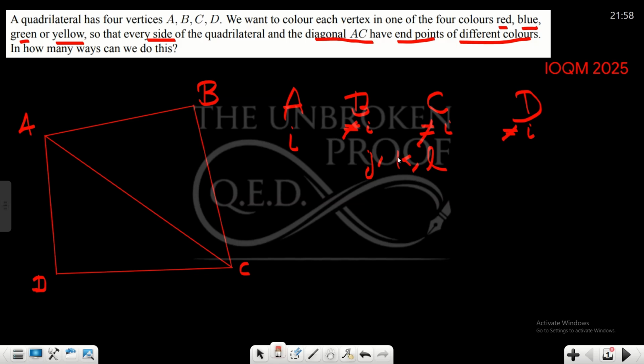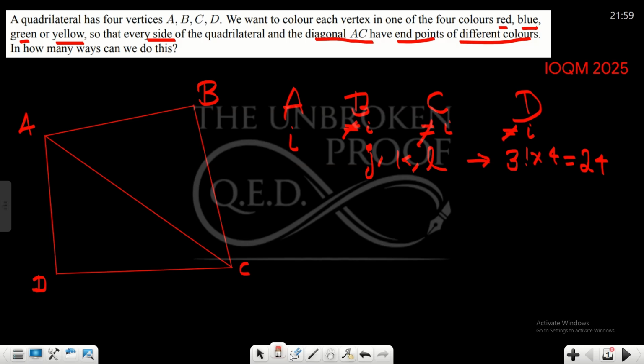If I take this, it is going to be 3 factorial, which is 6. Also note that I have taken A as I. Now A can be I or J or K or L, so this will not be simply 3 factorial, but 3 factorial into 4, which is 24. So this is the first case where B and D are not the same.